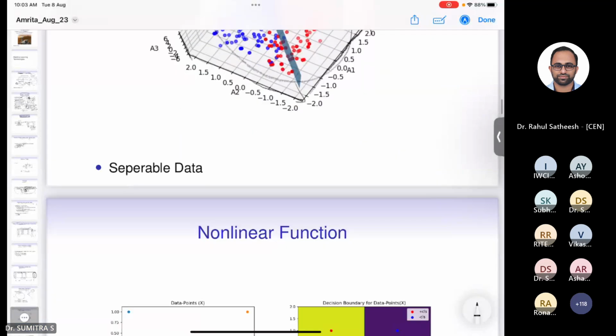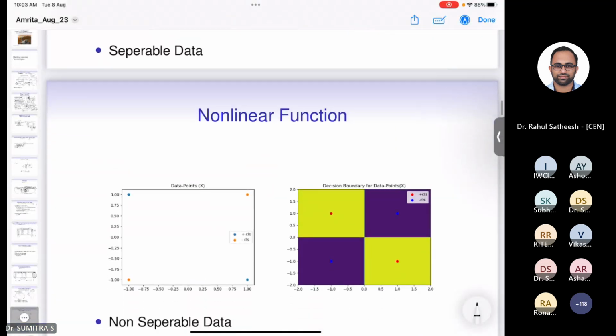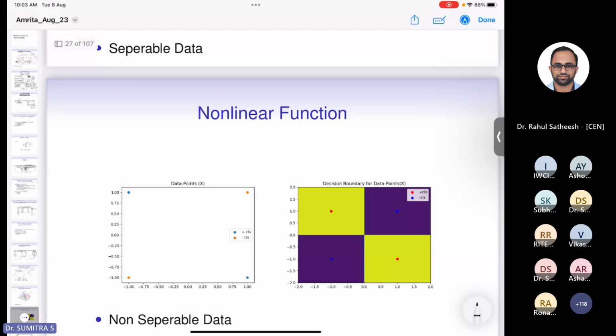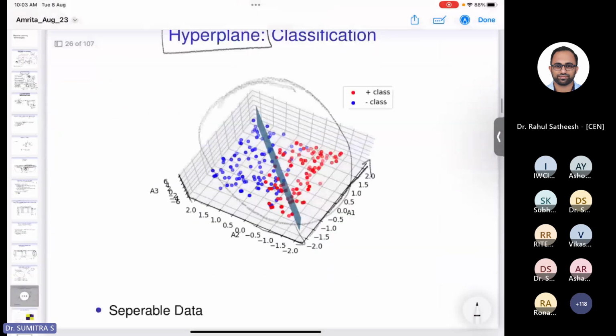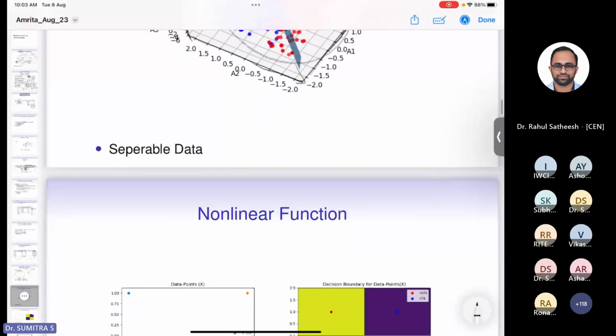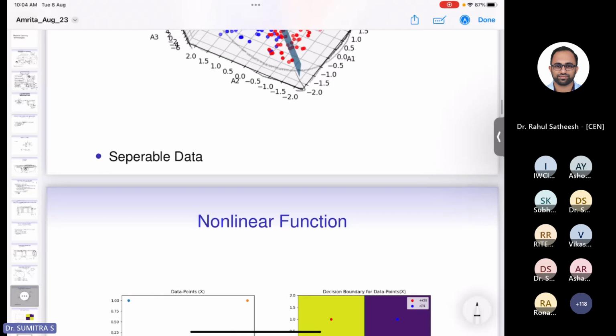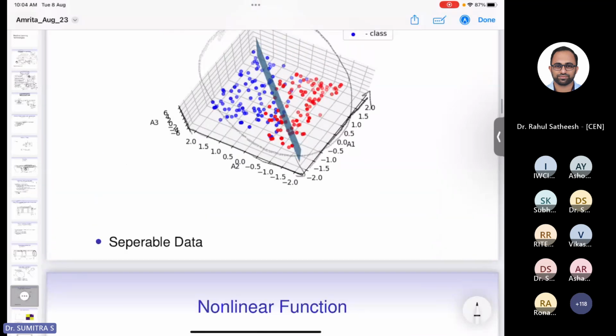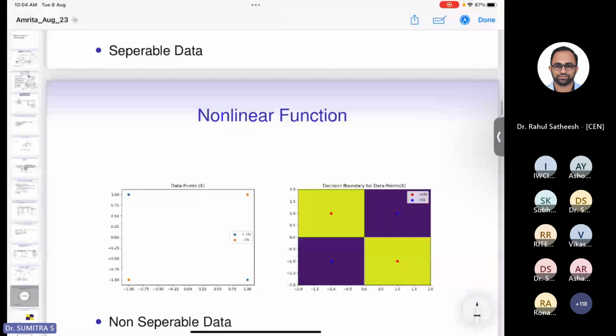Now, is the decision boundary always a hyperplane? That is something like a plane, a line, or a generalization of that, for 2 attributes, 3 attributes, or more than 3 attributes. If its structure looks like this, we call it a hyperplane. Is the decision boundary always a hyperplane?